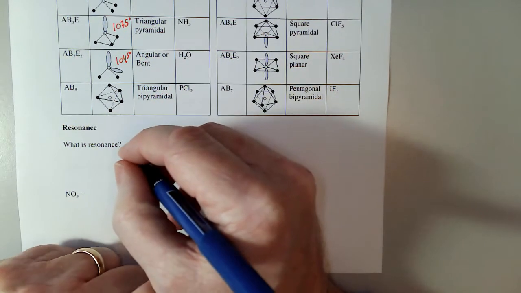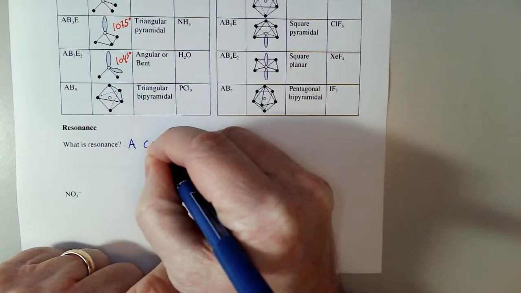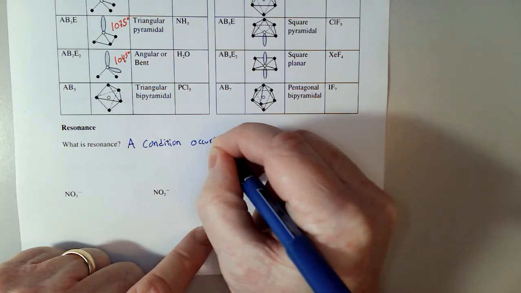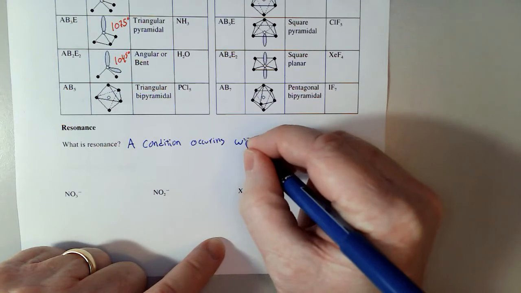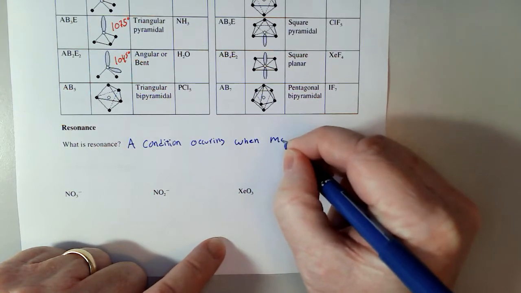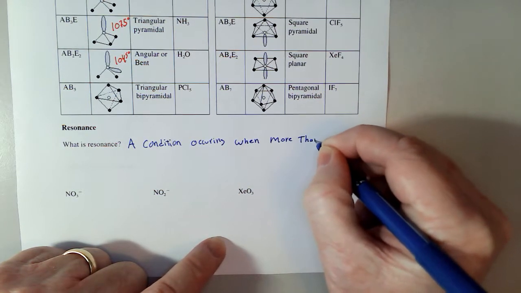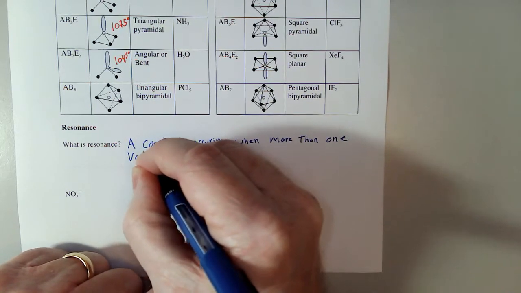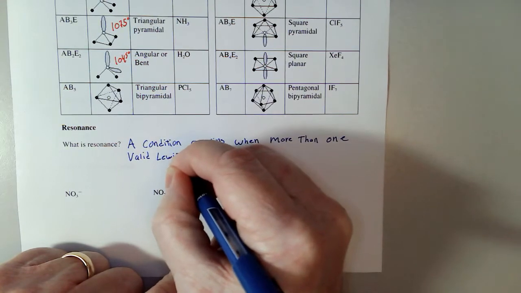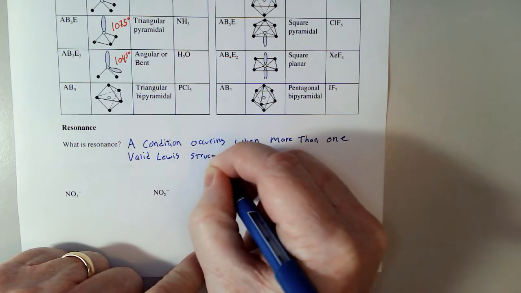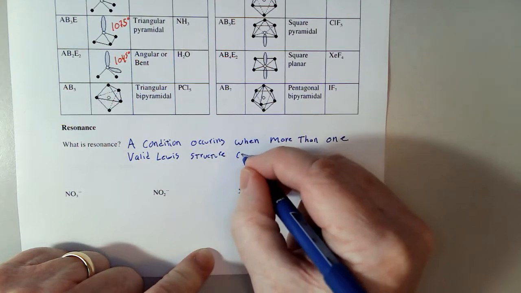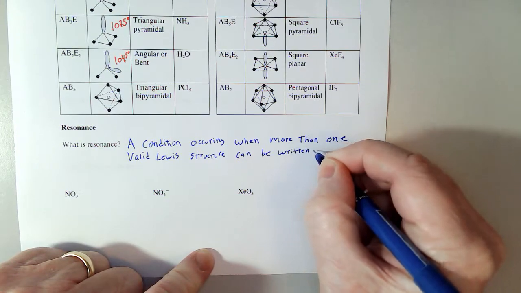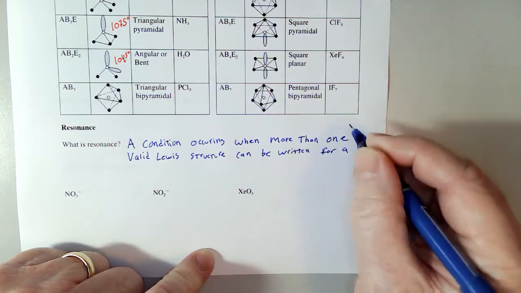Now the definition says a condition occurring when more than one valid Lewis structure can be written for a compound.